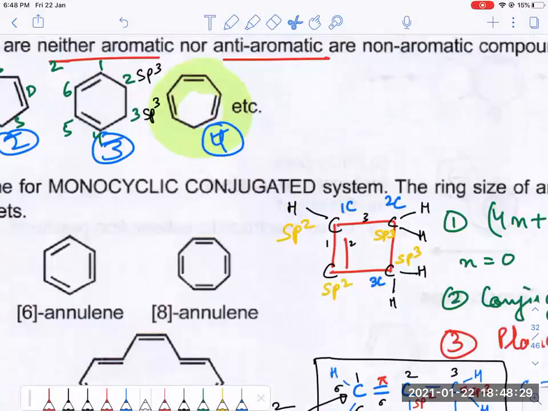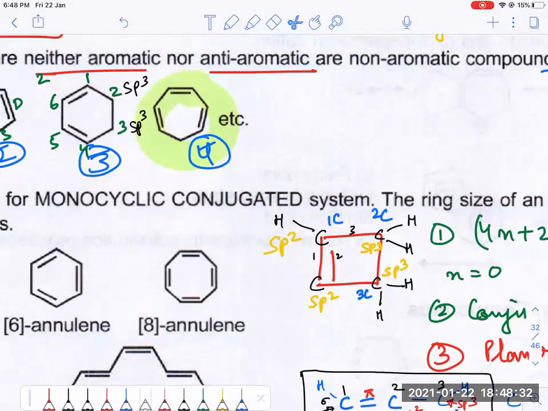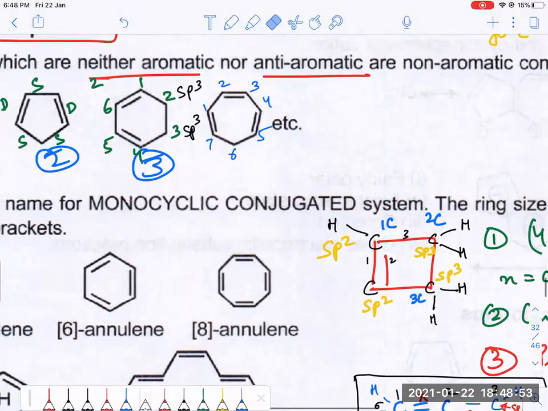Sir, the fifth carbon is following sp3 hybridization. Okay, let me mark the carbon atoms for you. It will be easy. 1, 2, 3, 4, 5, 6, 7. Right? Now, please tell me the hybridizations. Utkarsh, Charan, Nikhil, hybridizations.